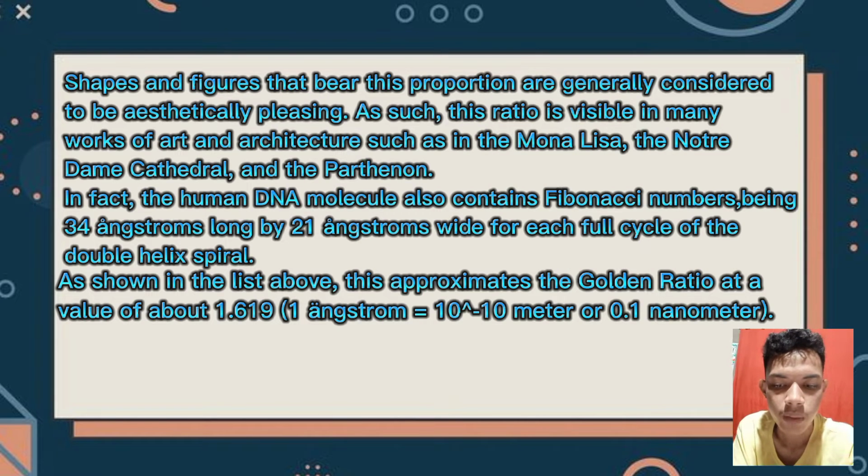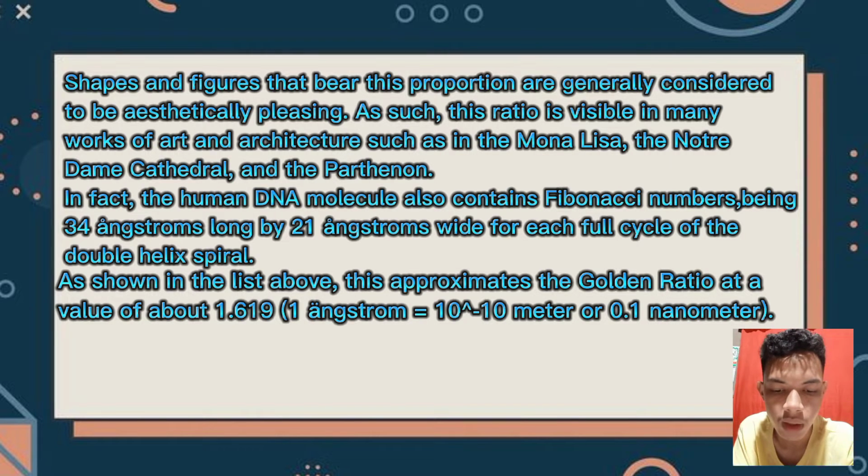Shapes and figures that bear this proportion are generally considered to be aesthetically pleasing. As such, this ratio is visible in many works of art and architecture, such as in the Mona Lisa, the Notre Dame Cathedral, and the Parthenon. In fact, the human DNA molecule also contains Fibonacci numbers, being 34 angstrom long by 21 angstrom wide for each full cycle of the double helix spiral.